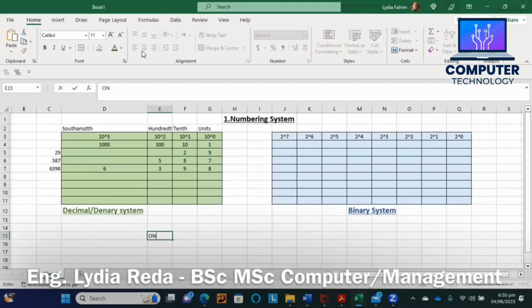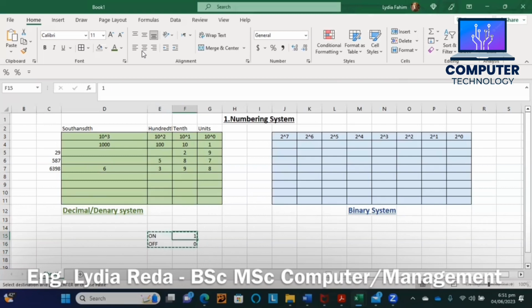On, as we always say, is a 1, and off, as we always say, is a 0. So when you switch on and off your computer or your lamp or your electric flow, it is either on, which is a 1, or off, which is a 0. So basically, the computer does not understand anything except an on or an off.